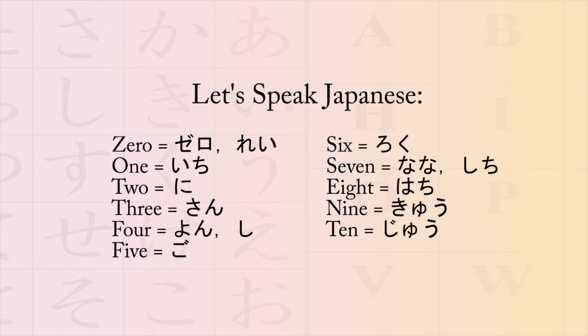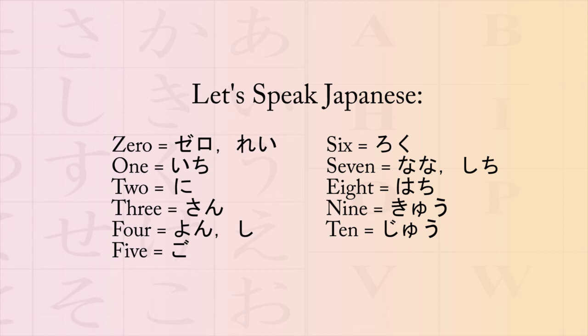So once again, 0 or re, ichi, ni, san, yon or shi, go, roku, nana or shichi, hachi, kyu, ju.